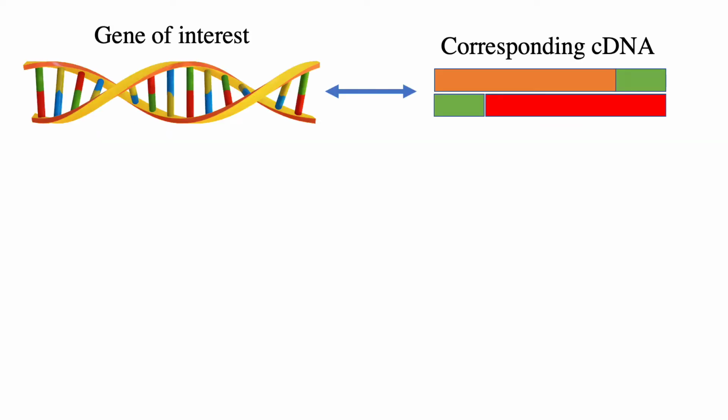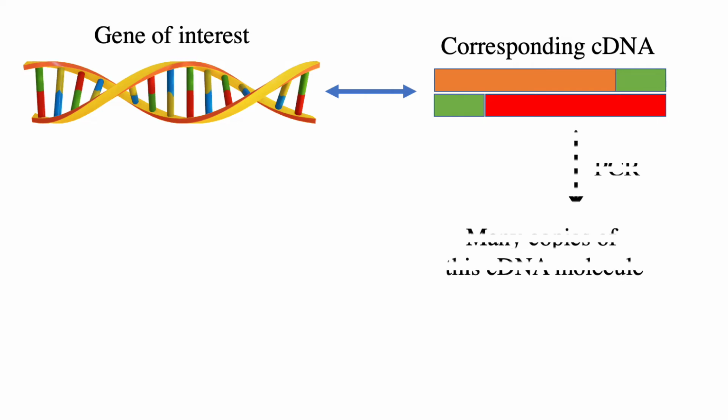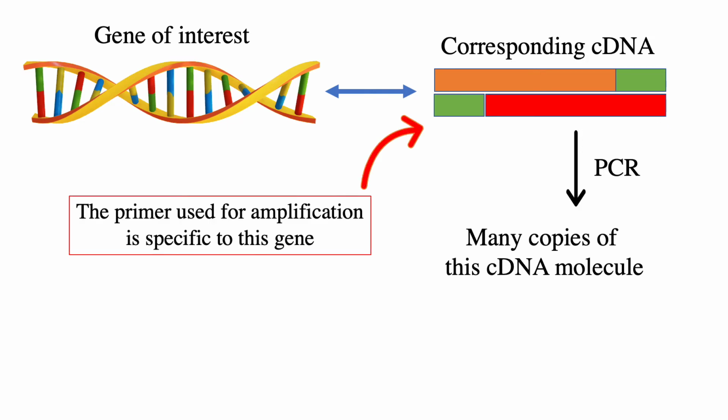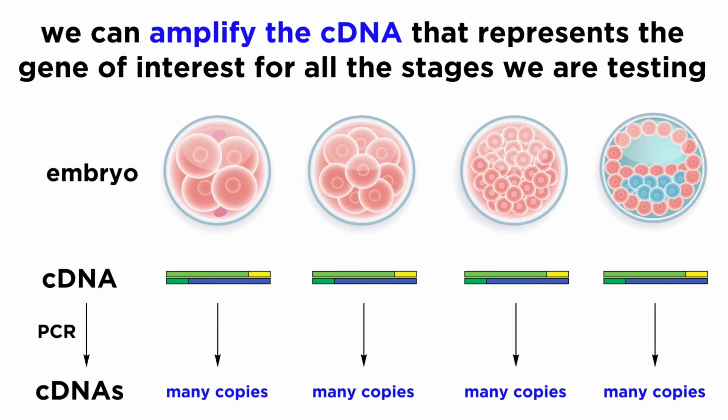Then we could amplify a specific cDNA molecule that represents the gene of interest using the polymerase chain reaction, by employing a primer that is specific to the gene of interest so that only the targeted cDNA is amplified. We can repeat this process for each of the stages of embryonic development we are testing.